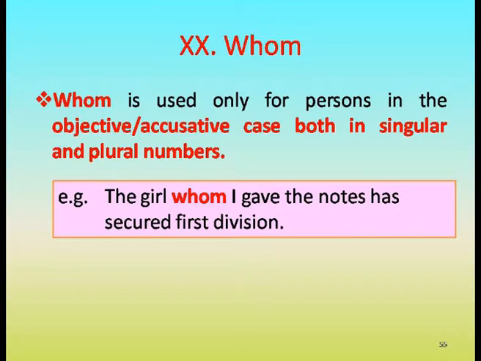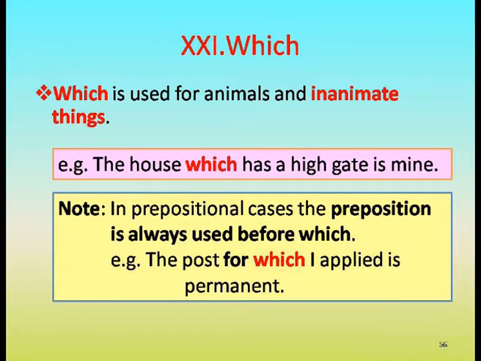Whom? Whom is used only for persons in the objective, accusative case, both in singular and plural numbers. Example, the girl whom I gave the notes has secured first division. Which is used for animals and inanimate things. The house which has a high gate is mine.